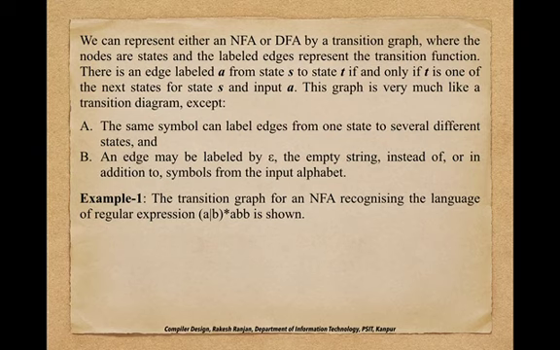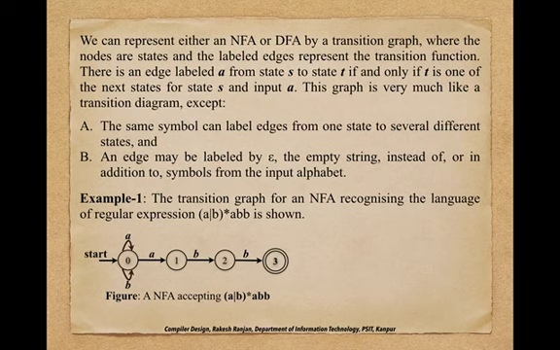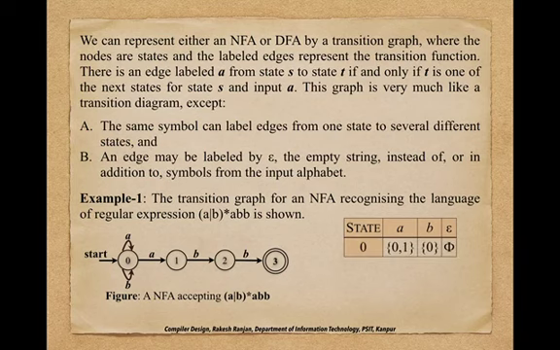Let us discuss. We want a regular expression for (A|B)*ABB, which means that we need a finite automaton ending with ABB. So this finite automaton can be drawn like this, and its corresponding states can be written like this. The input will be A, B, and epsilon should be added since this is an NFA. So this is an NFA with epsilon.